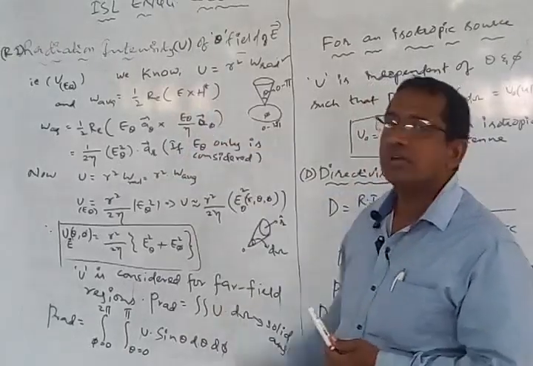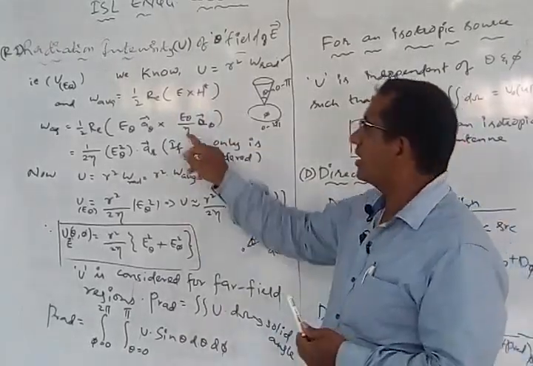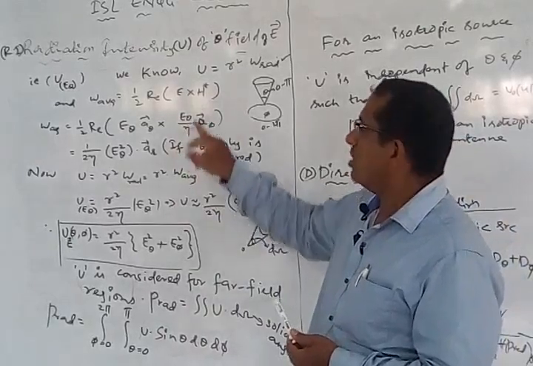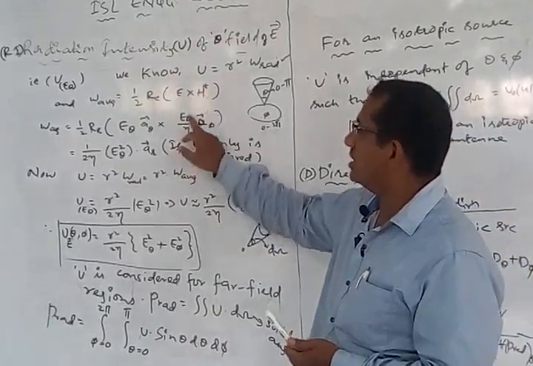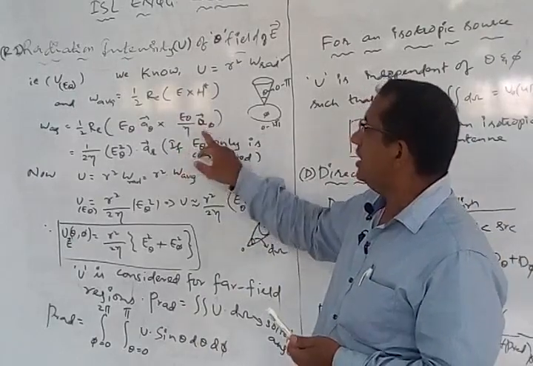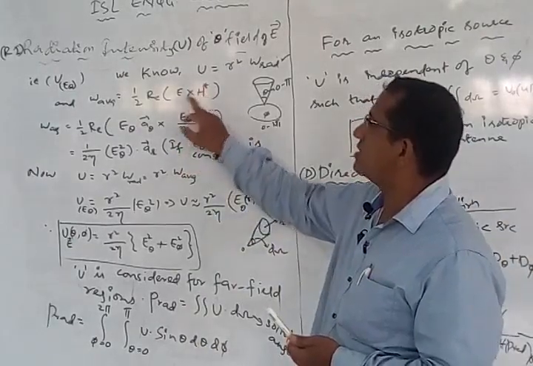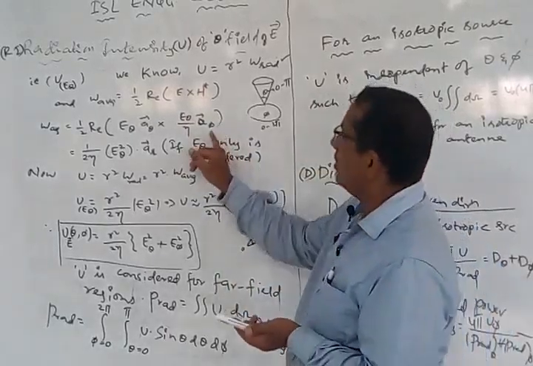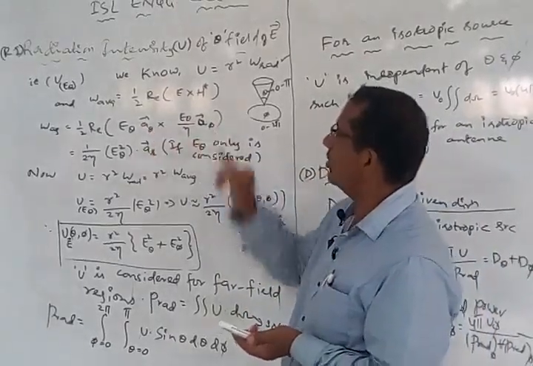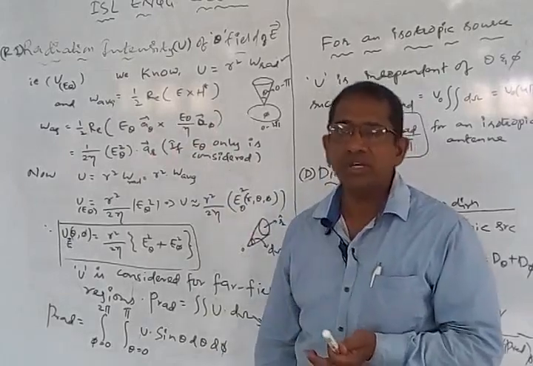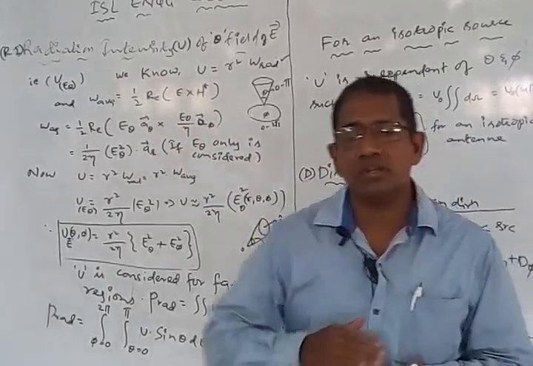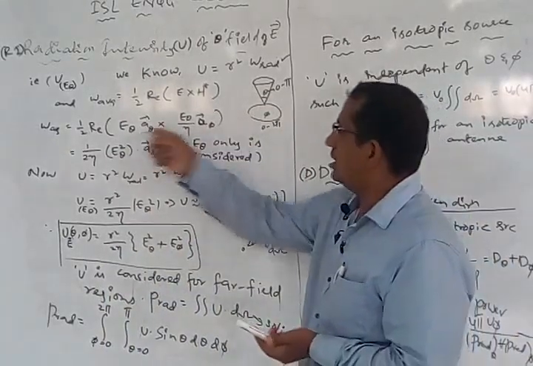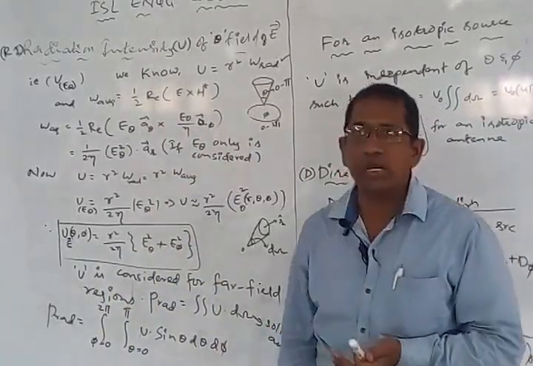From the intrinsic impedance formula, intrinsic impedance eta is equal to E by H. So I am writing H as E theta by eta, in the phi direction. H and E are orthogonal to each other. Therefore, if this is theta, this is normally taken as phi. Now the radial direction we are considering as uniform, so we don't consider it here. So A theta and A phi are what we consider for the practical antenna.